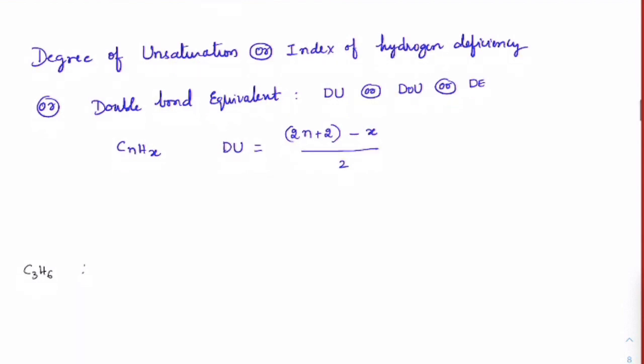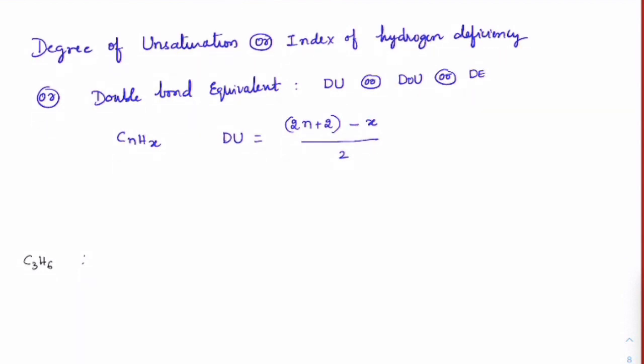The other way of writing the general formula is C plus 1, which means the number of carbons plus 1, minus hydrogens plus halogens minus nitrogens, by 2. This is another way of putting the formula.